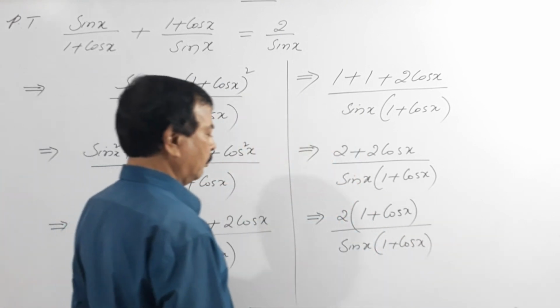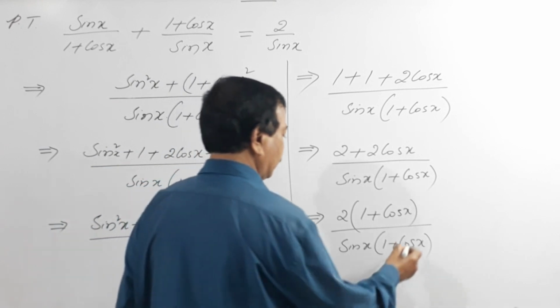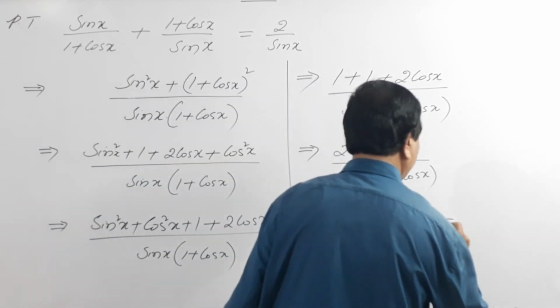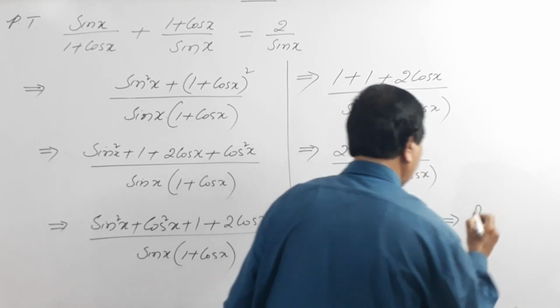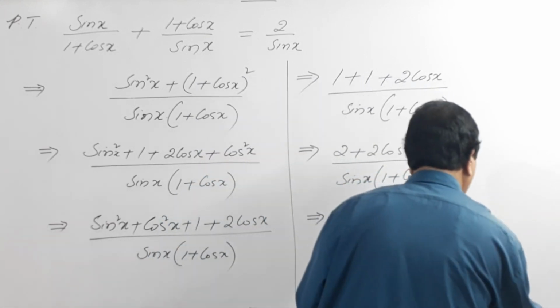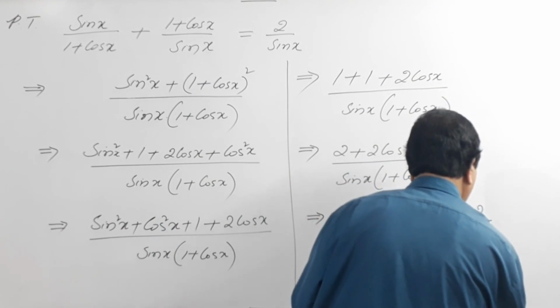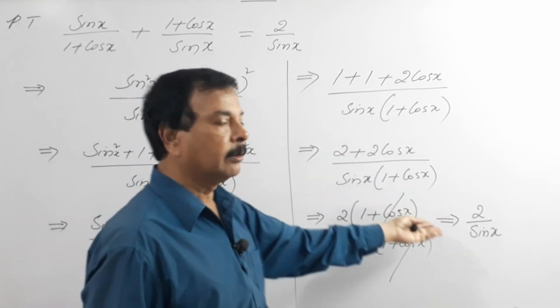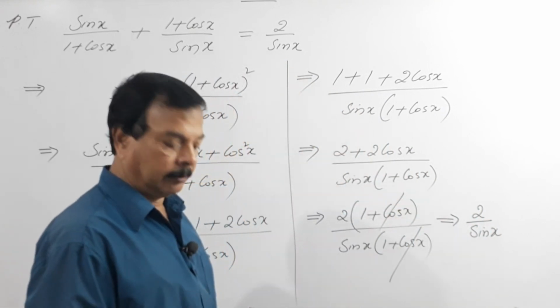So what happens here? 1 plus cos x, 1 plus cos x cancels. We are left with 2 by sin x. What he wants? 2 by sin x. Got it, right?